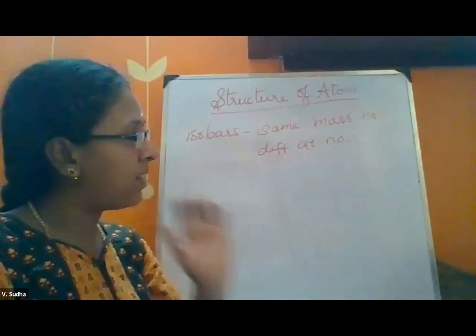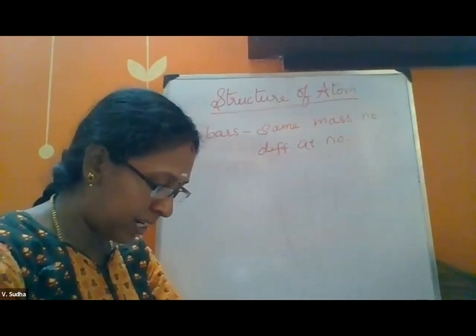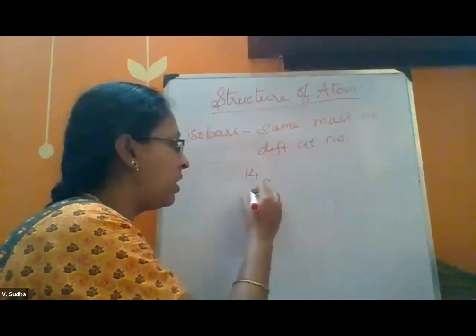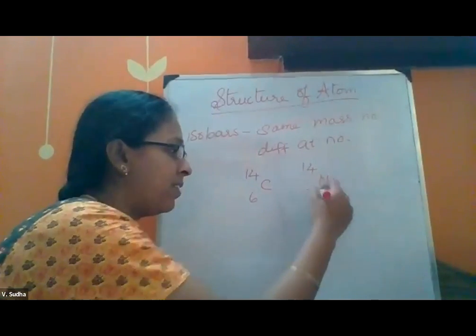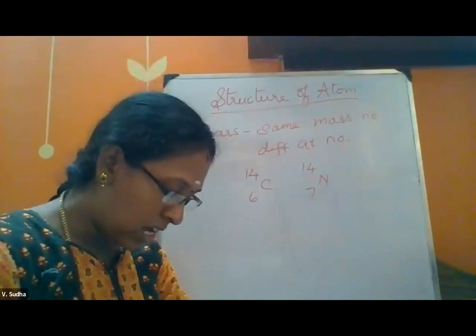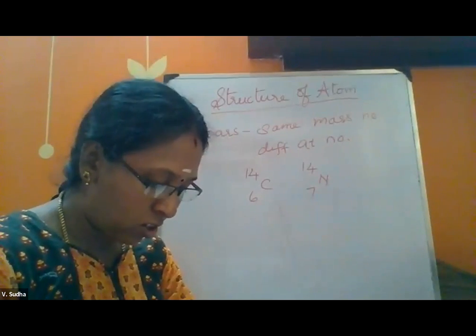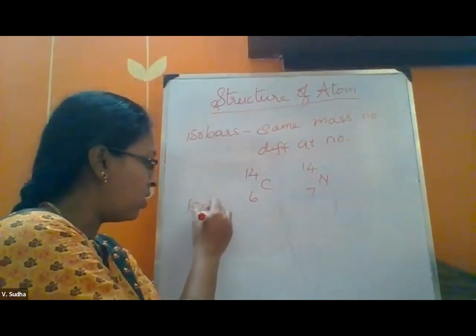So isobars: same mass number but different atomic number. Example, carbon-14 (atomic number 6) and nitrogen-14 (atomic number 7). This is an example for isobars. Then isotopes: same atomic number but different mass number.